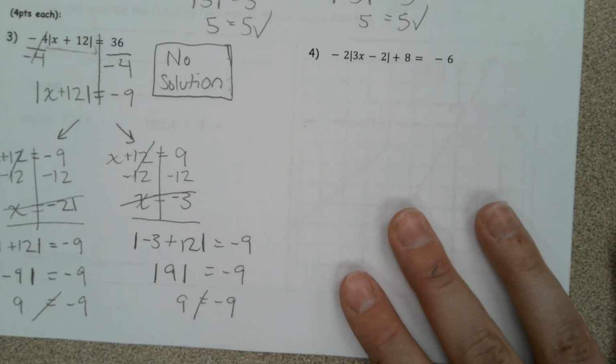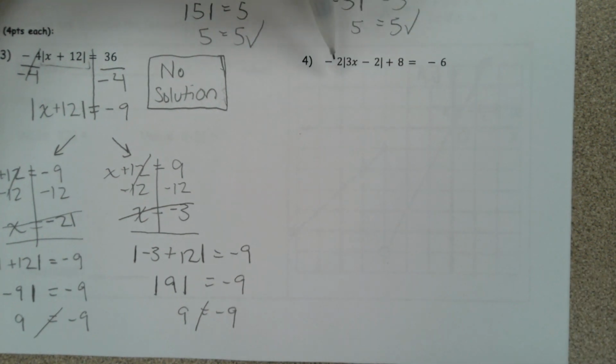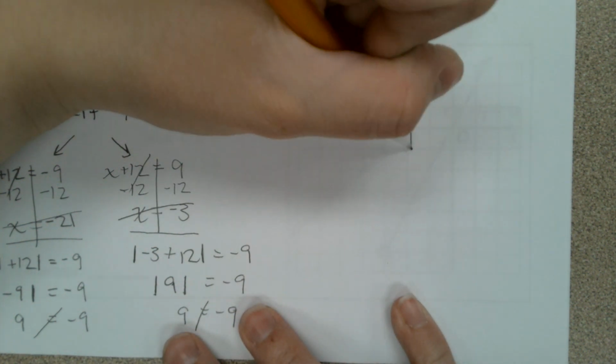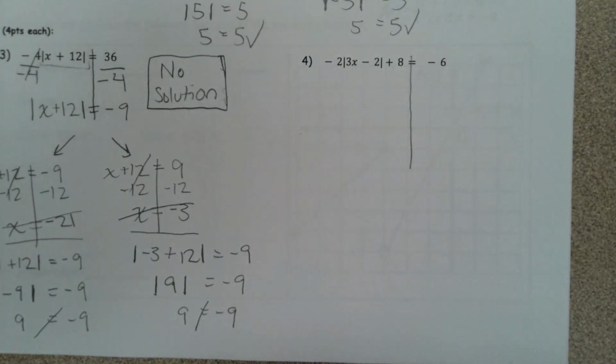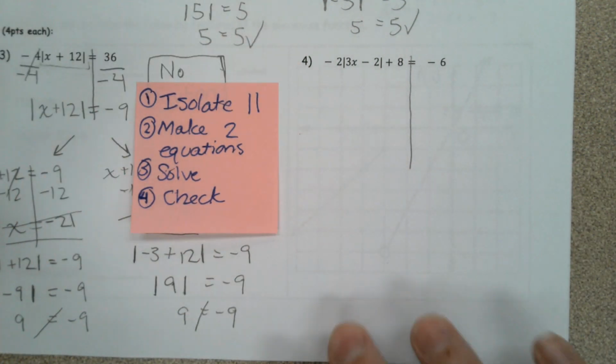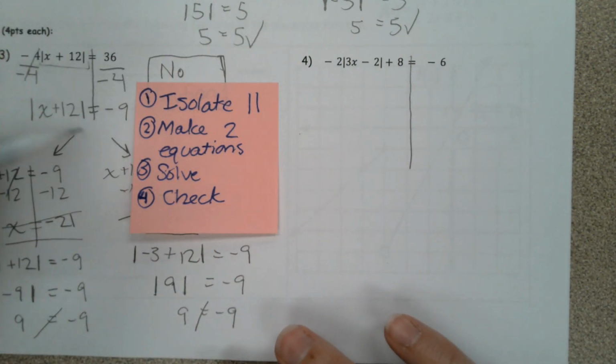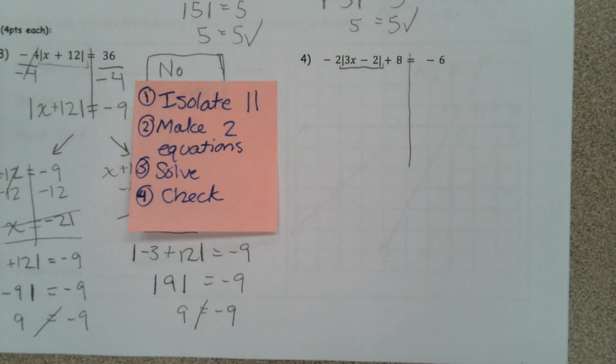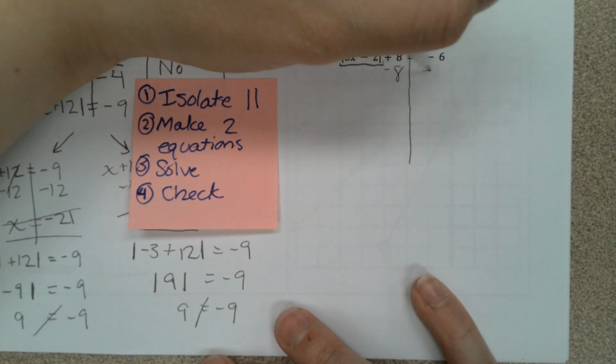Number 4. Negative 2 times the absolute value of 3x minus 2, plus 8 equals negative 6. Again, step 1 is to isolate the absolute value. This has not been done yet, so let's do that. Subtract 8 on both sides.